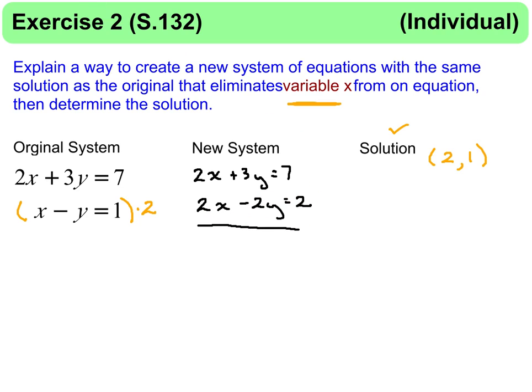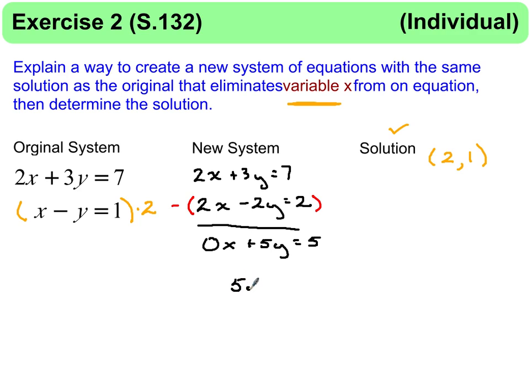Again, I'm asking myself, how do I make this part go to 0? Do I want to do 2 plus 2? Well, that's 4. But 2 minus 2 would equal 0. So we're going to subtract. So 2 minus 2, here's my 0x, my 3 minus my negative 2 is going to be a 5y, and 7 minus my 2 is equal to 5.